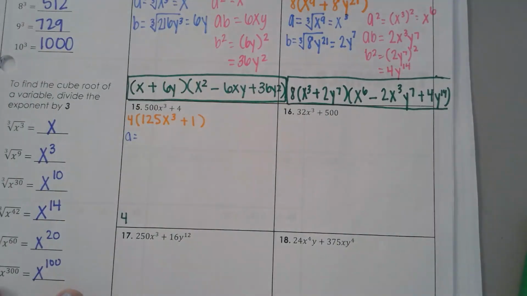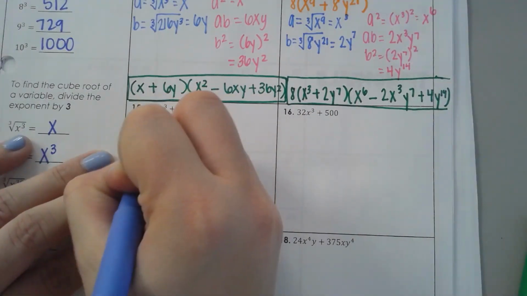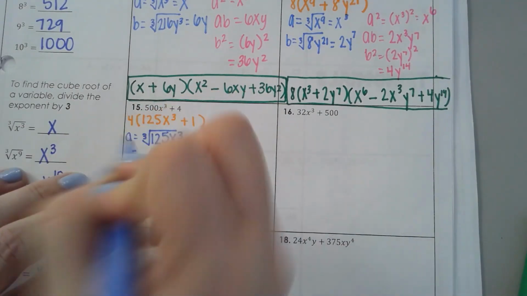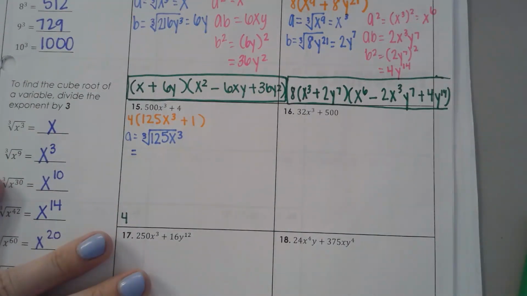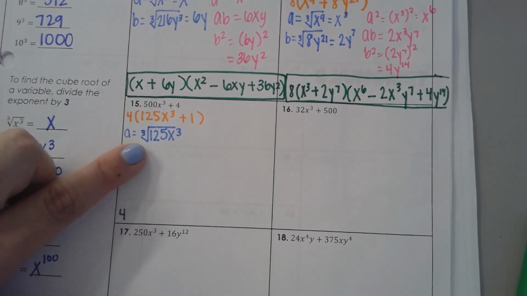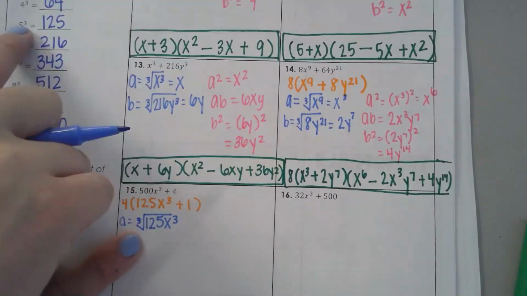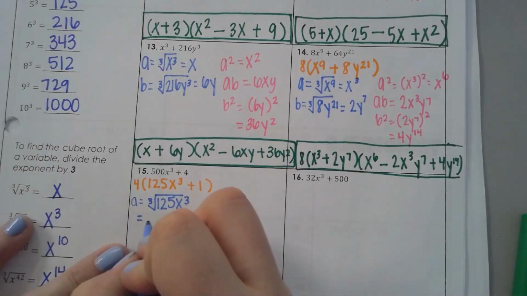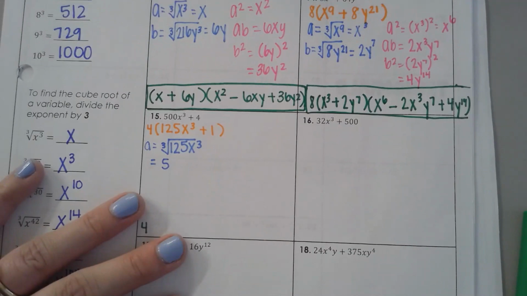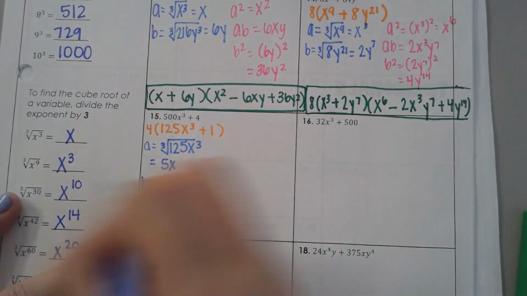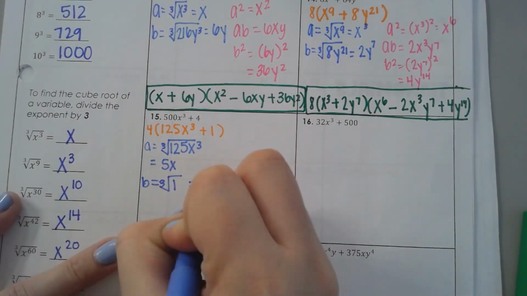So my A is going to be the cube root of 125x cubed, which is what? What's the cube root of 125? 5. So we have 5, and the cube root of x cubed is x. Okay. And then B is the cube root of 1, which is 1.